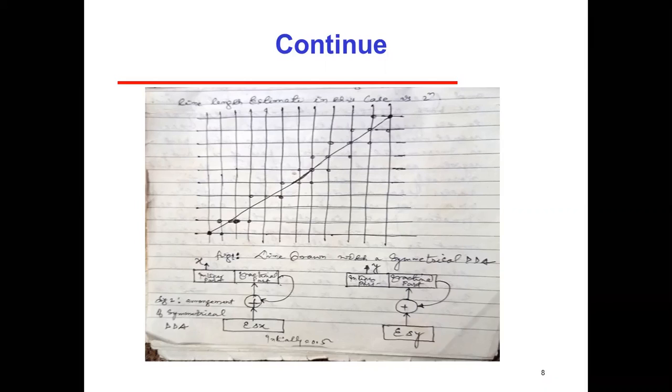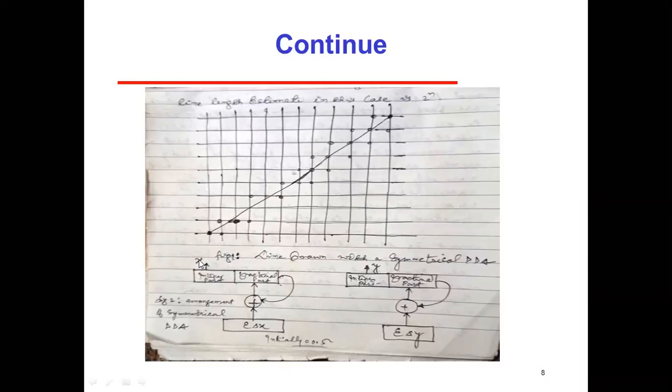Initially we will assign 0.5 in both cases: epsilon delta x is equal to 0.5, and epsilon delta y is also equal to 0.5.